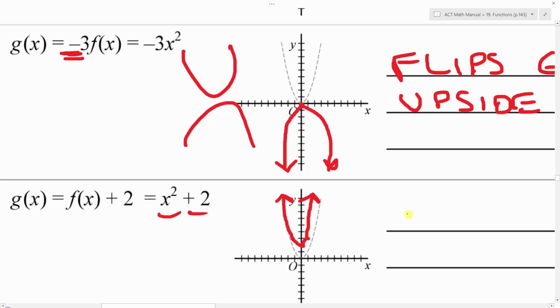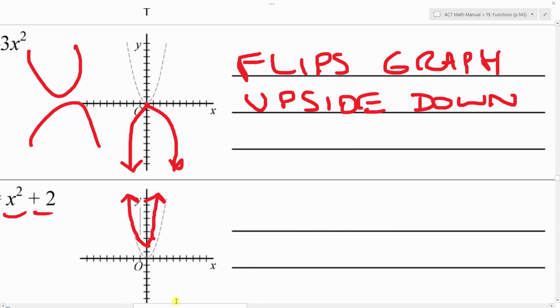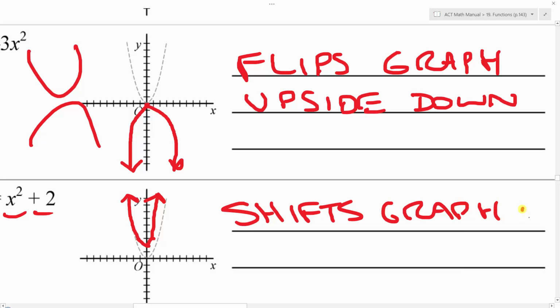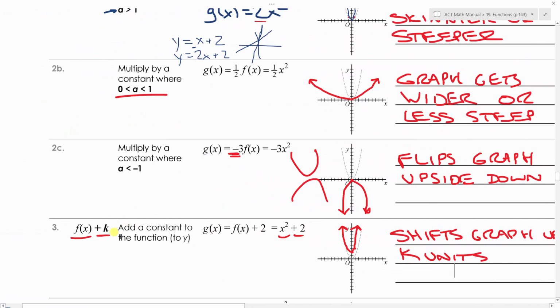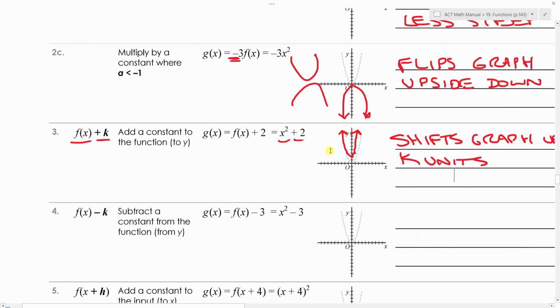The shape stays the same, but we just take the graph and we translate it up 2 units. So we're going to write down shifts graph up k units, because k is what we had used to represent the constant that we're adding.